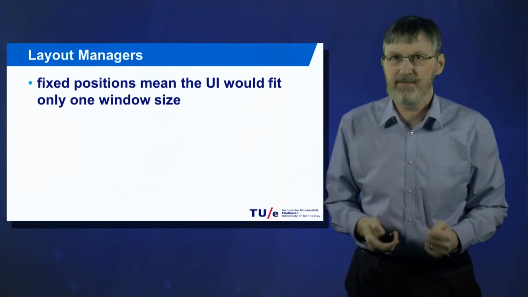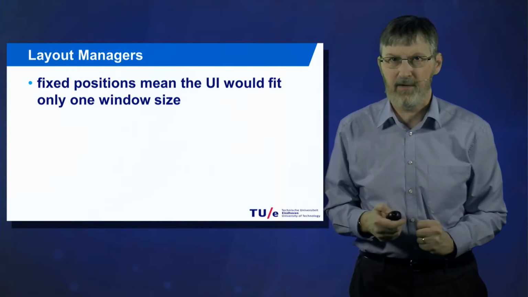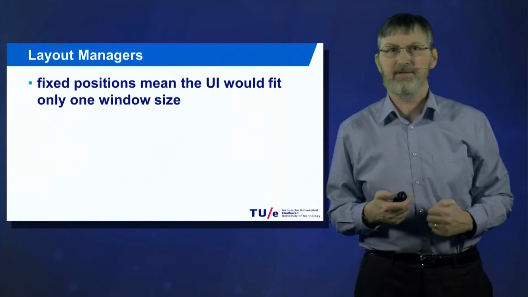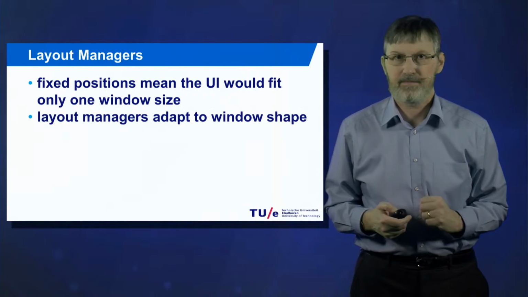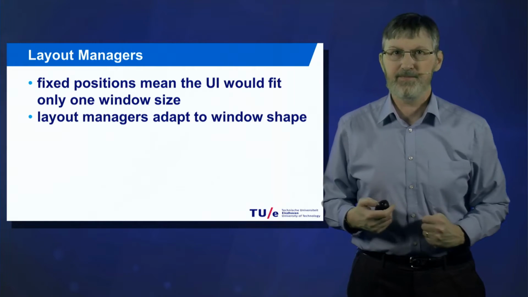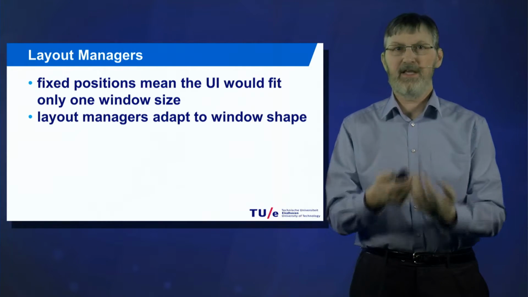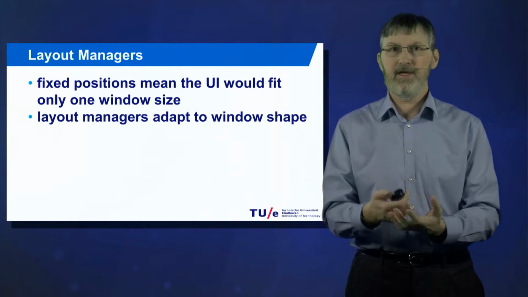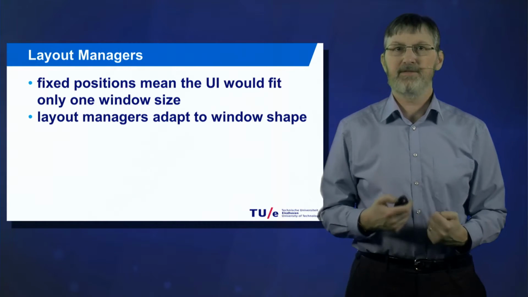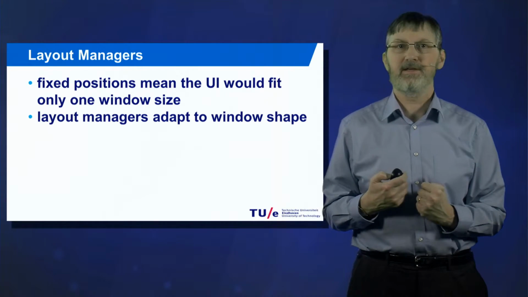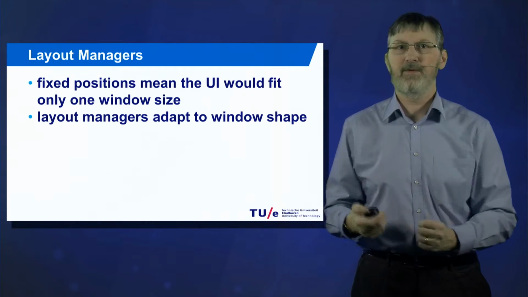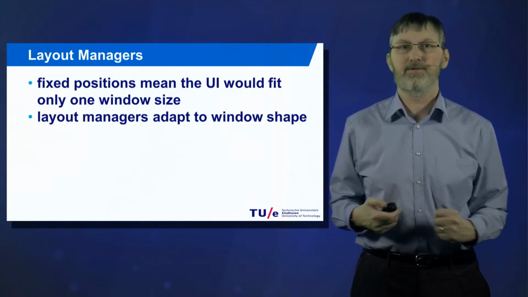If the Windows system decides to give you a smaller window, you may actually be drawing buttons that the end user cannot see. To avoid this problem, we use layout managers. They position elements, widgets, automatically depending on the window shape and following a certain algorithm.